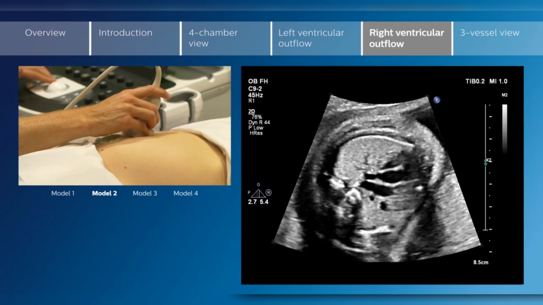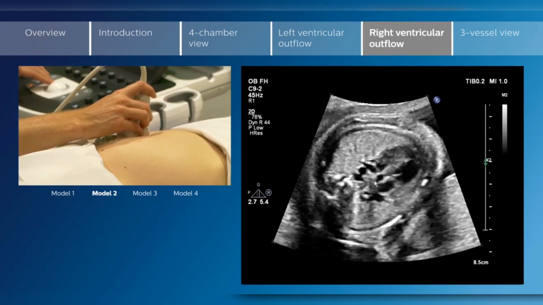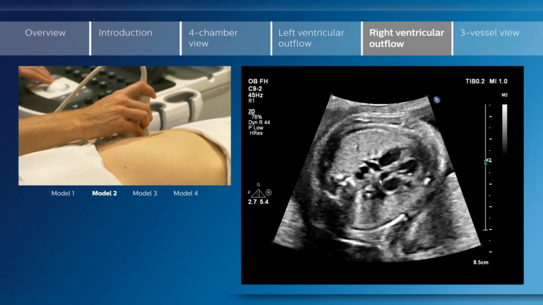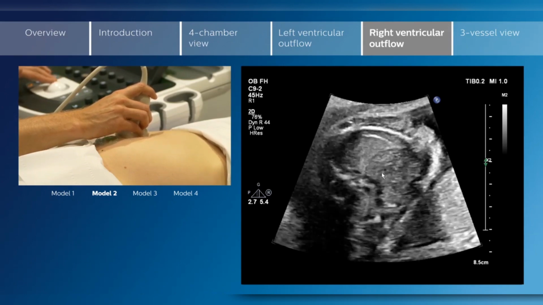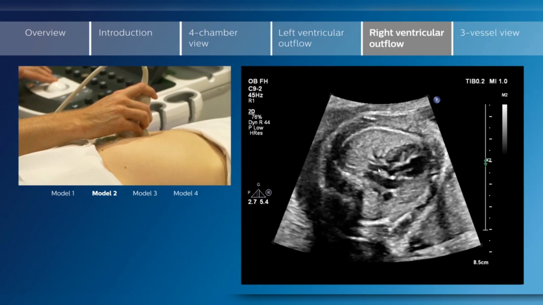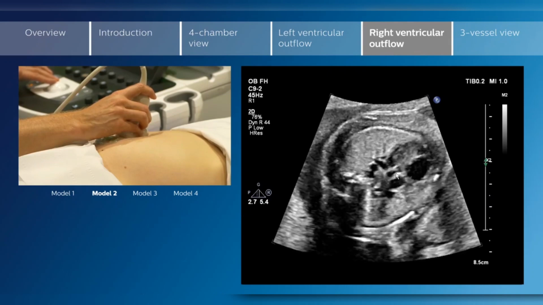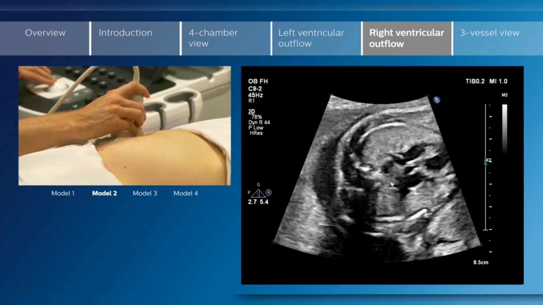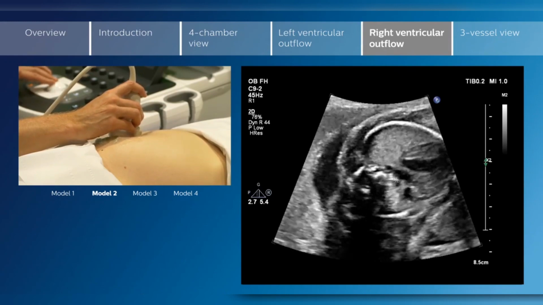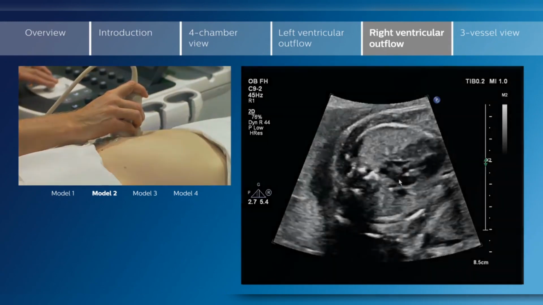Here we see the left pulmonary artery and then the arterial duct. So the pulmonary artery and the right pulmonary artery seen here, left, and the arterial duct just above the left pulmonary artery. So the pulmonary artery is a bifurcating structure in contrast to the aorta, which gives rise to the transverse aortic arch and does not bifurcate in the same way.